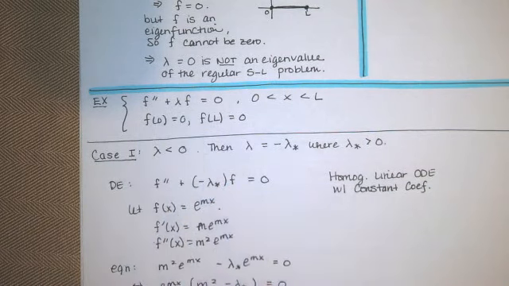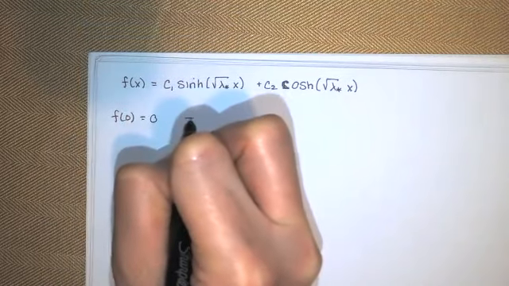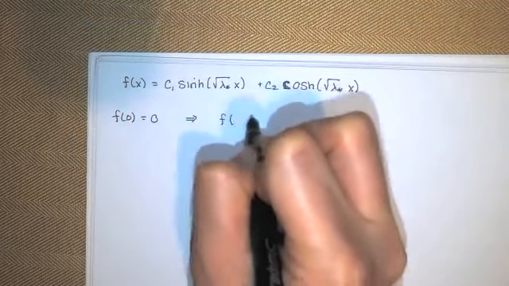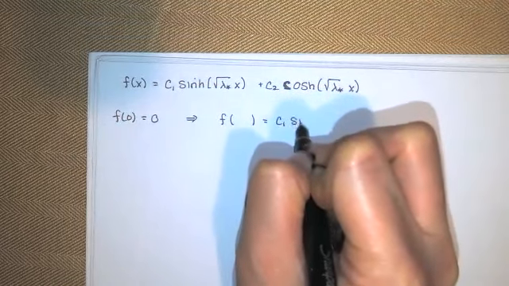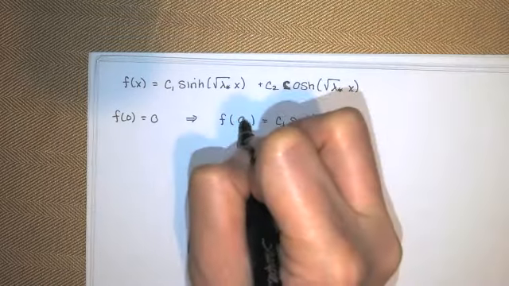First, we have f of 0 equals 0, and the second condition is that f of L is equal to 0. So we'll replace x with 0. Let's plug in 0 here.